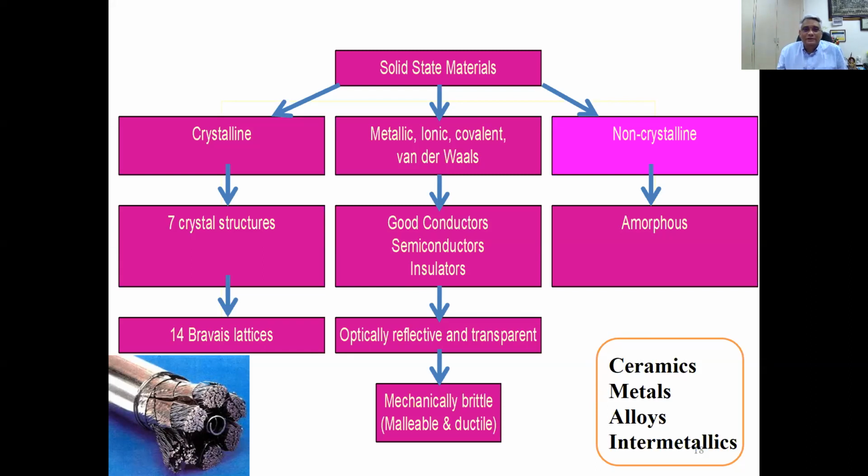So I also mentioned that at various points during the course, I'll be citing the example of yttrium barium copper oxide to understand the crystal structure aspects, anisotropy in physical properties, etc.